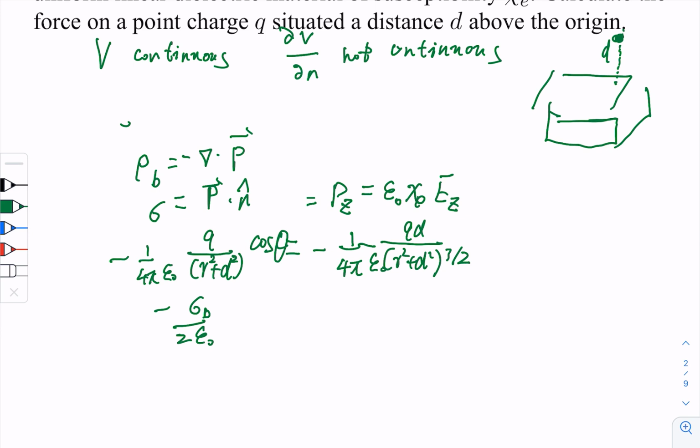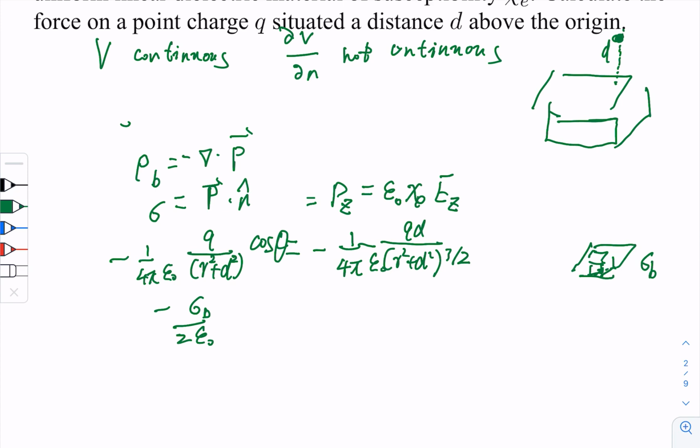sigma b divided by 2 epsilon naught, and that is by Gauss' law. Imagine that we've already discussed this problem before. Imagine there is a sigma b on this surface, and you can use a pillbox, a Gaussian surface like this, slightly above and slightly below this surface.